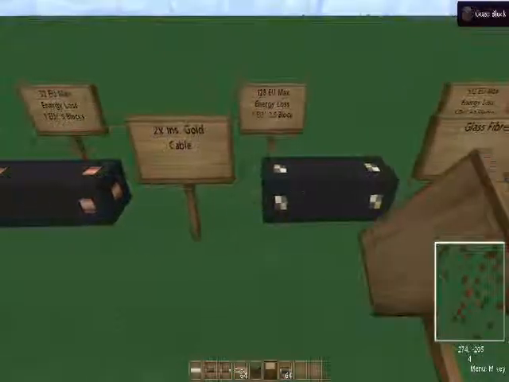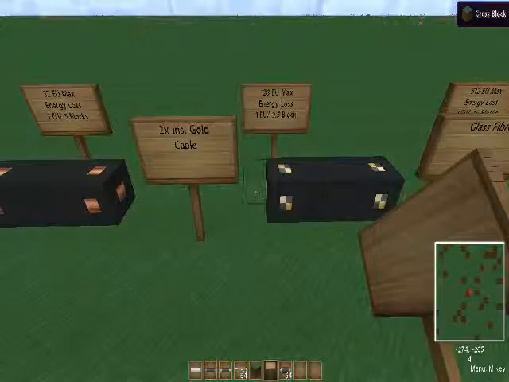Next up, we have the double insulated gold cable. It can carry up to 128 EU max. Its energy loss is very inefficient, but it loses 1 EU for every 2.5 cable you lay.